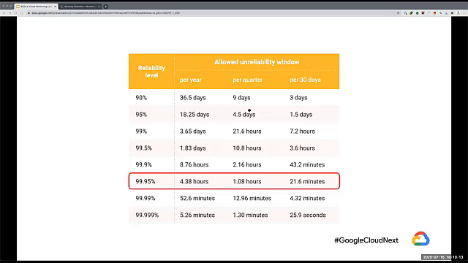That basically means that in any 30-day window, you can take almost a 22-minute outage. 22 minutes in a given month basically means that for a single outage, you have to detect that an outage is happening, figure out what the problem is, or at least what you can do to restore the service to a good state, take that action and validate that it's actually working. And it's really difficult to do that unless you have really good automation, really good rollback procedures and things like that.